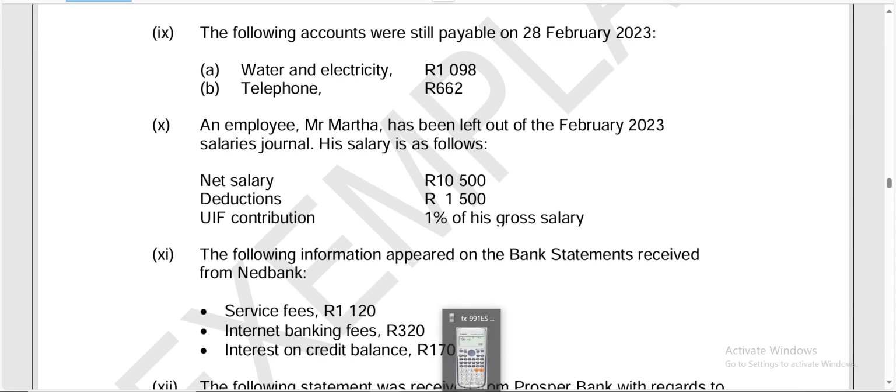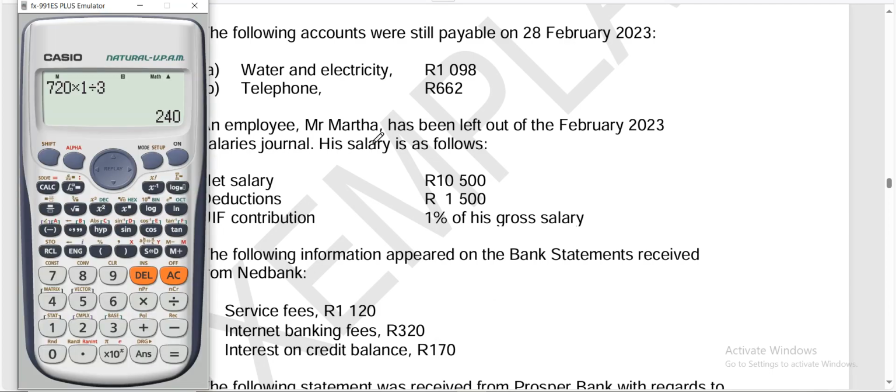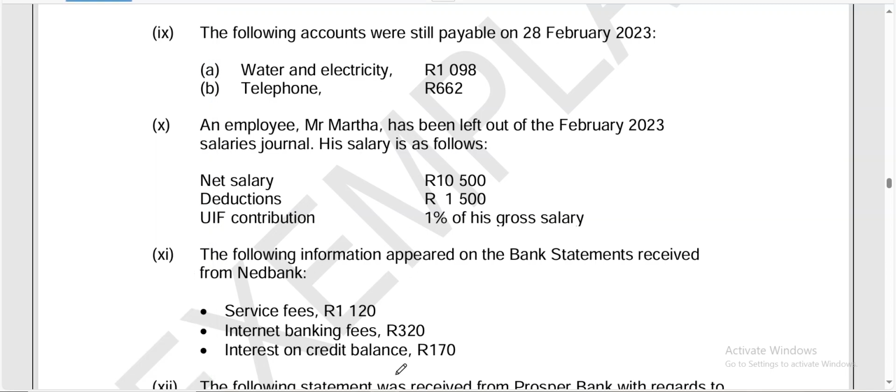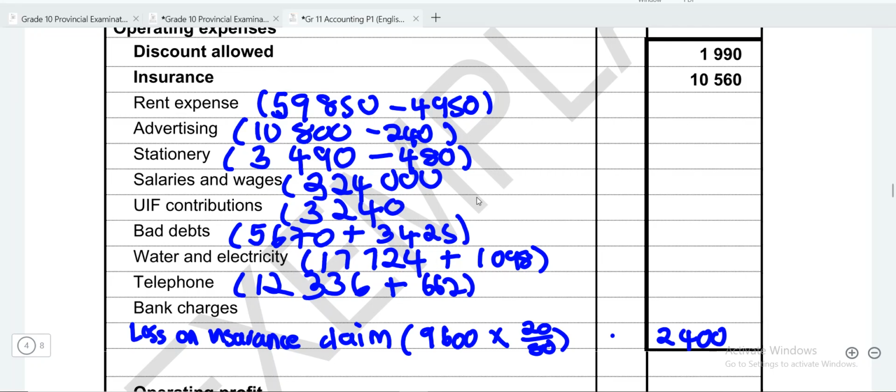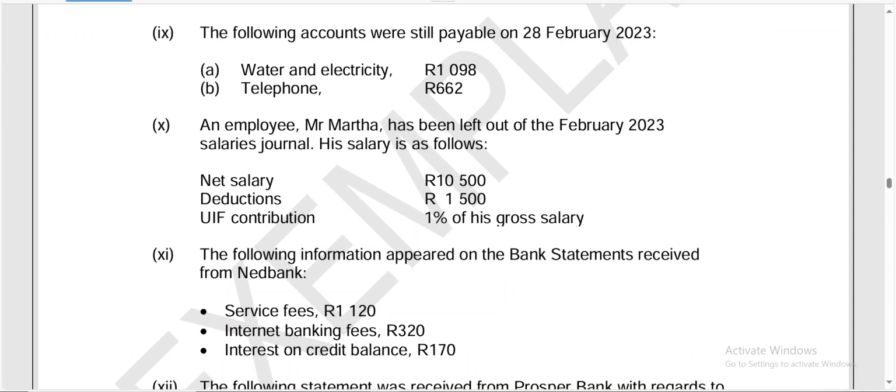To get the gross, we're going to take our net, which is 10,500, and we add it together with the deductions, which is 1.5. It means that the gross salary will be 12,000. So on salaries, we would say plus 12,000. And then for contributions, they mentioned 1% of his gross salary.